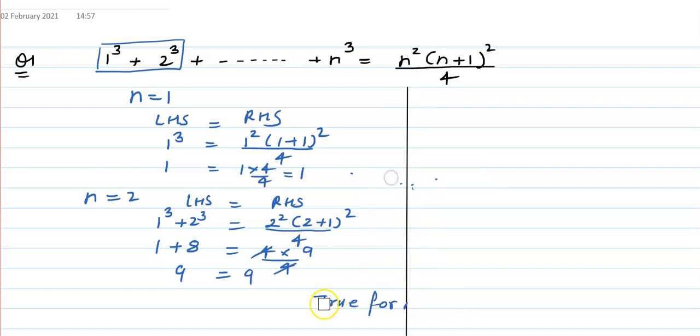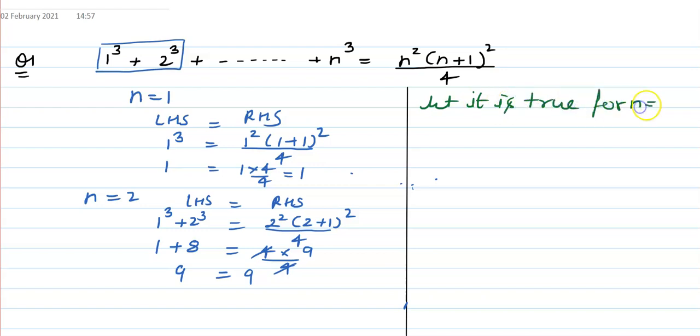Now we can try for the second one. Let it be our assumption that it is true for n equal to k. It means you are replacing n with k here.